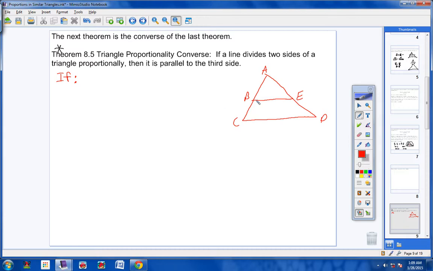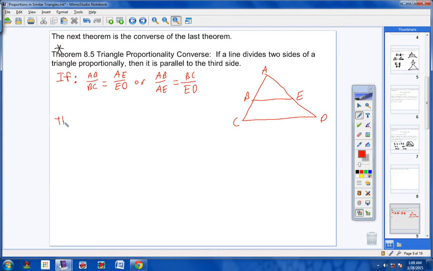Now remember, if this line right here divides these two sides up proportionally, so if AB over BC equals AE over ED, or there's another way you could write it, AB over AE equals this segment here over this segment here, BC over ED.